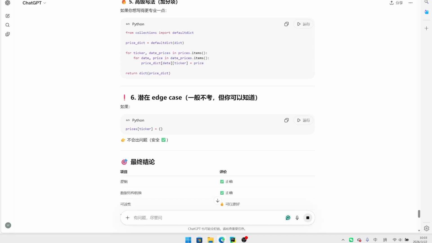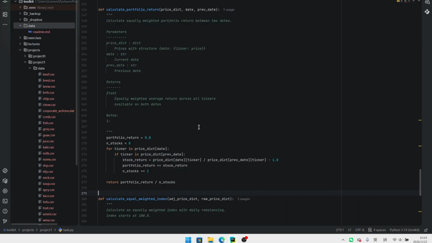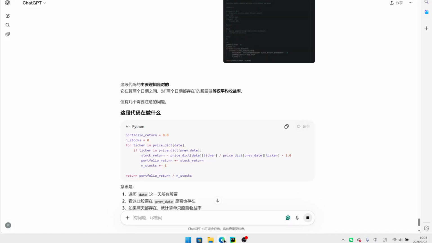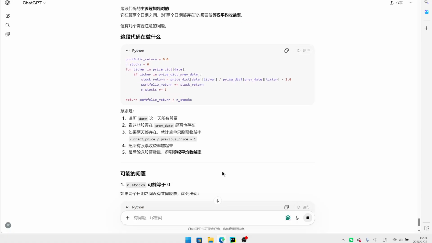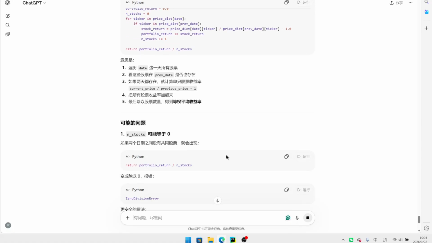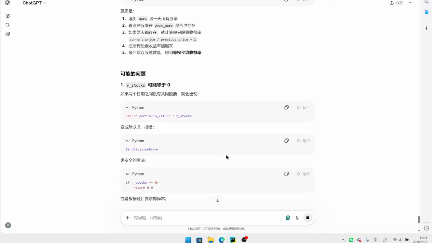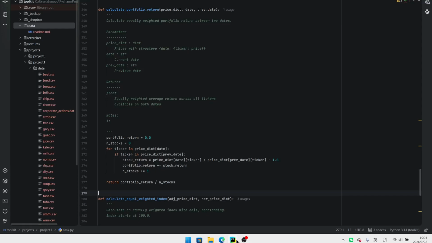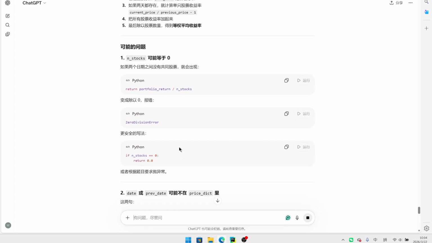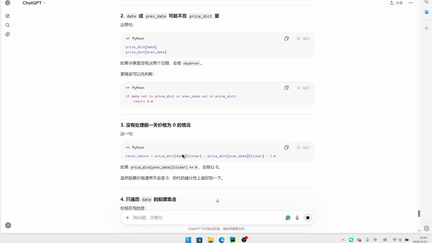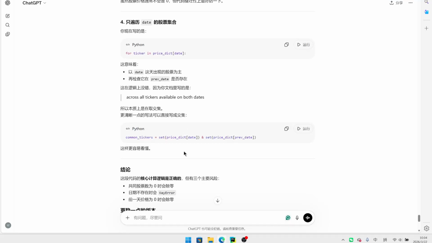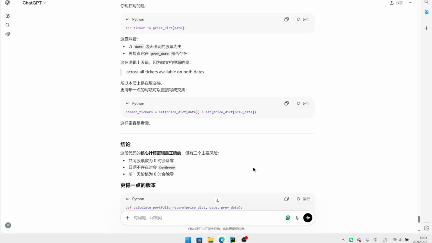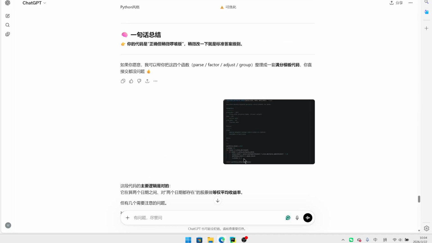There were just a few questions in the whole function. So what's the problem with this?